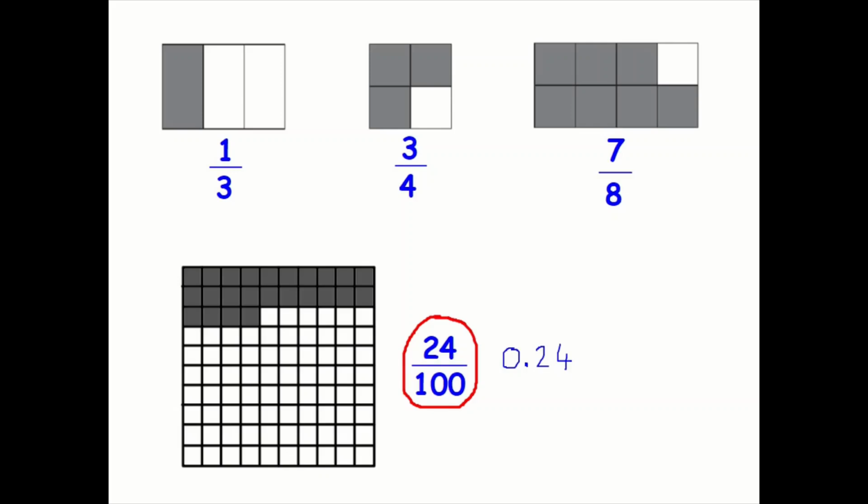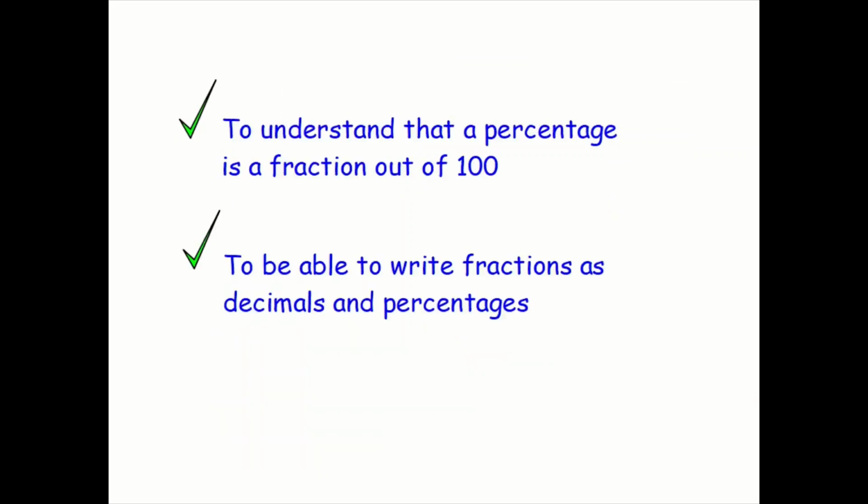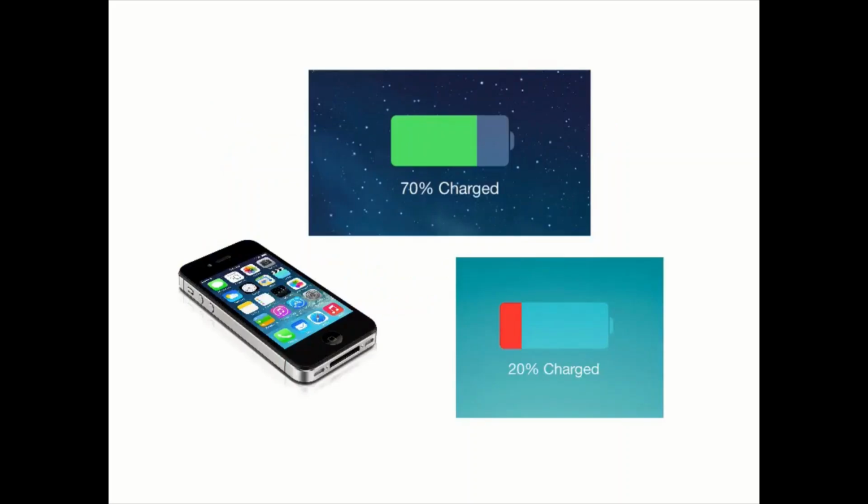So our objectives for today are to understand that a percentage is a fraction out of 100 and to be able to write fractions as decimals and percentages. And percentages are really important. You probably see them all around you without even noticing. Percentages are represented by this symbol here.